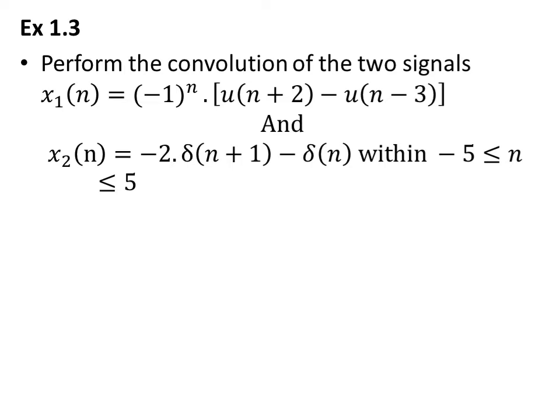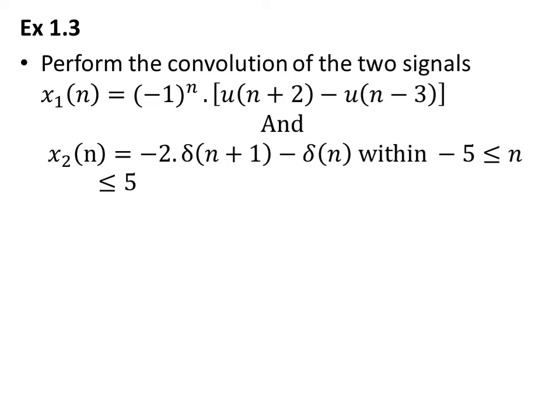This is also an exercise for you. Here x1[n] and x2[n] are defined as functions. We have done one example like this previously, so referring to that one, you can do this. Again, for x1[n], first define u[n+2], then u[n-3] by shifting u[n], as we have learned in the previous lab. Then find u[n+2] minus u[n-3].